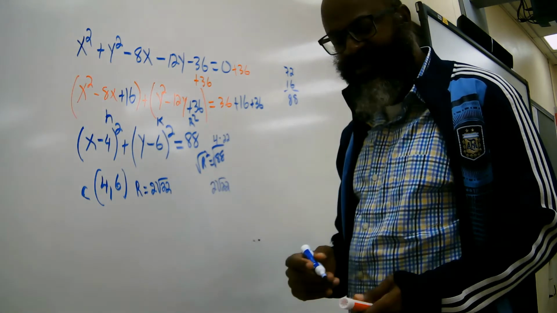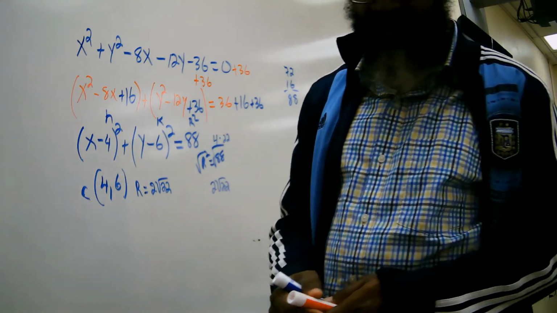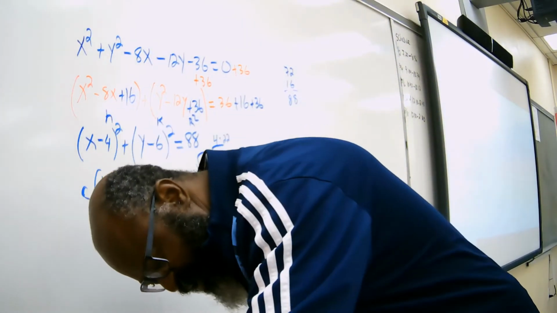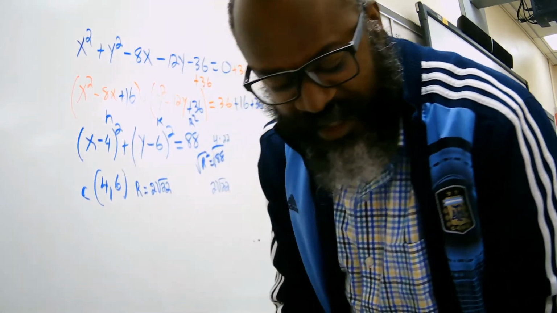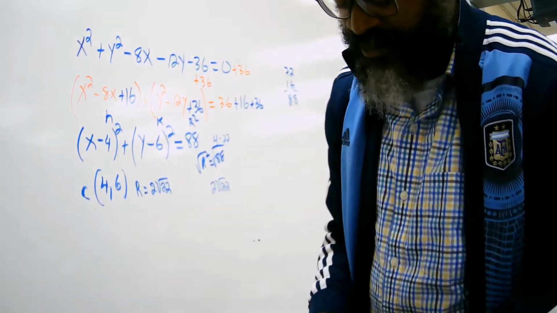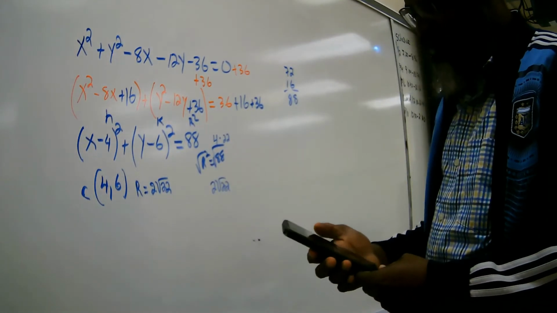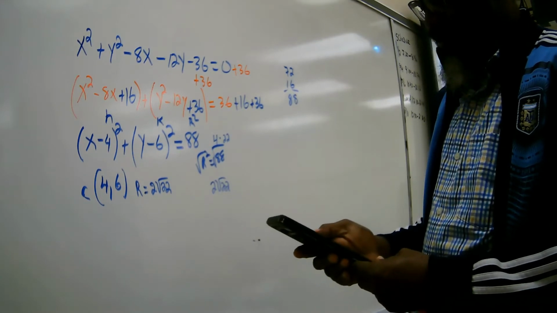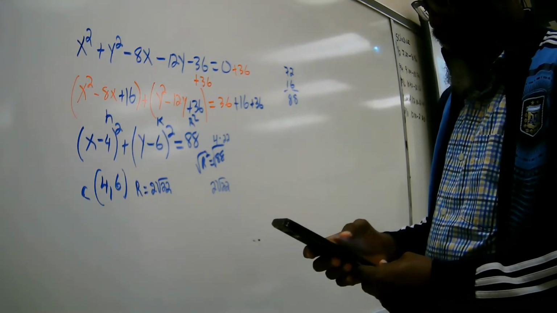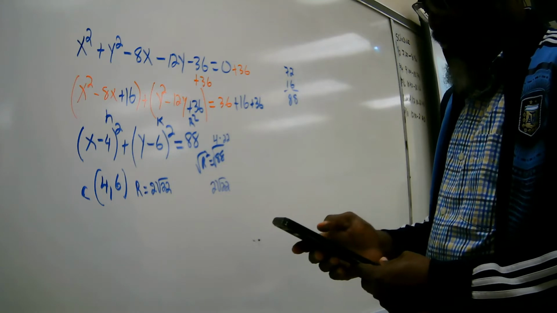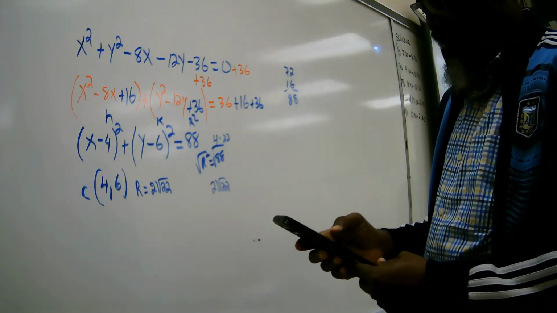So you're going to change that to decimal either way, because you are graphing. So let's see if I can find an estimate for that. You take the root of 22, and you will determine where to put that on the graph as your radius.